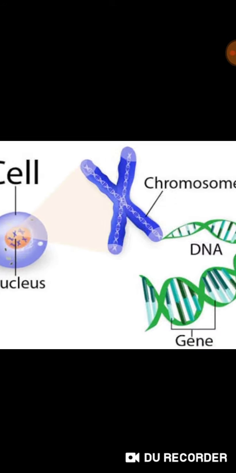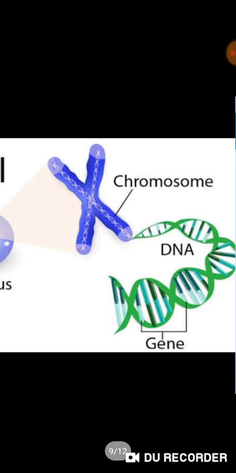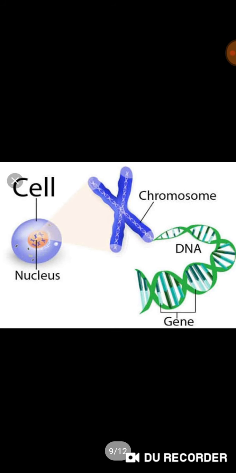You can see a gene. Now what are genes? Genes are the unit of inheritance as they help in transmitting characters from parents to offspring.